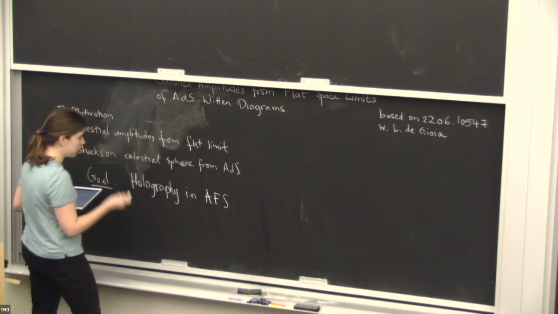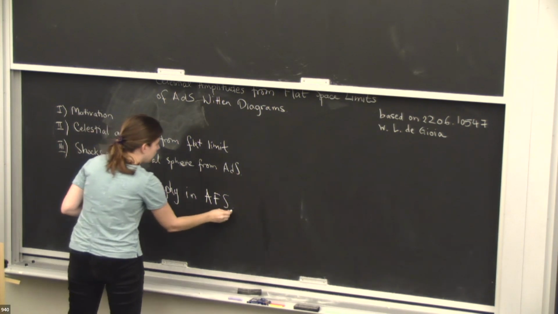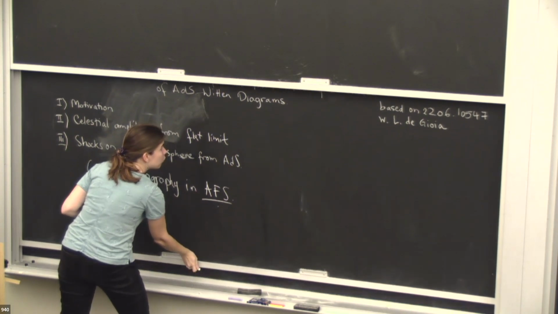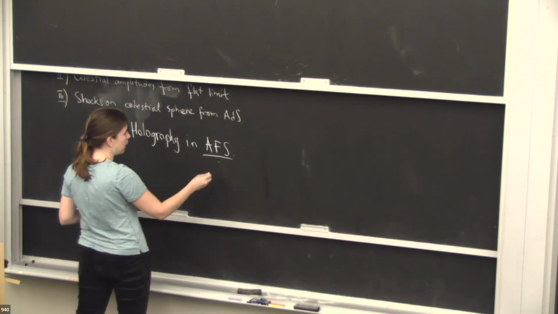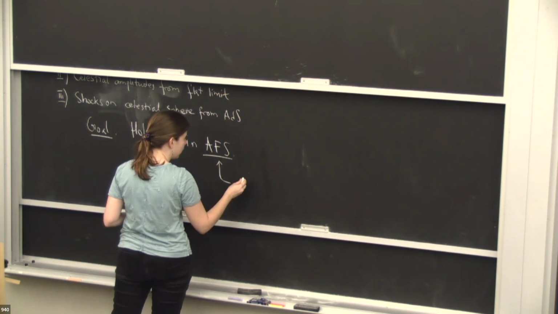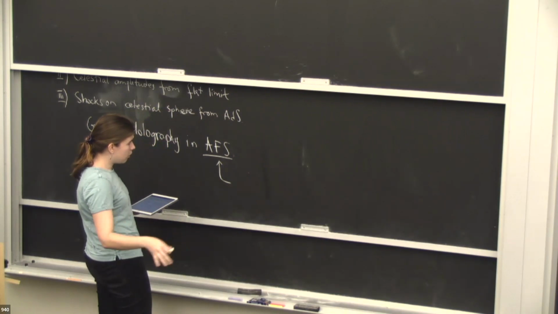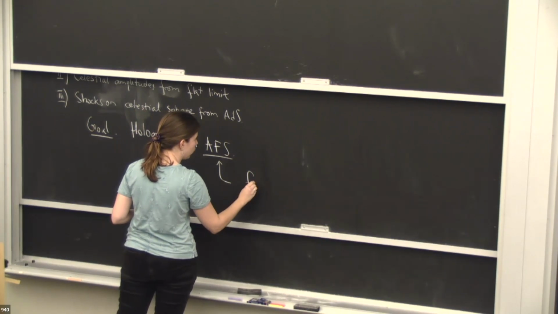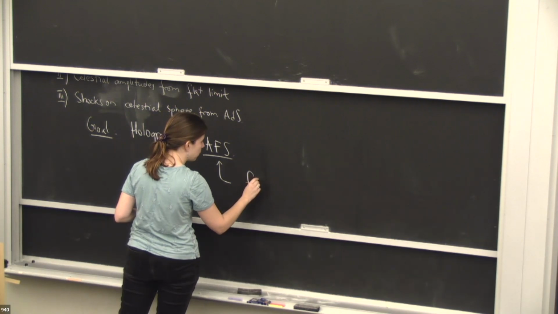I'm going to denote AFS by asymptotically flat space. And such a spacetime, roughly speaking, can be understood as some space that relaxes to flat space away from any sources.